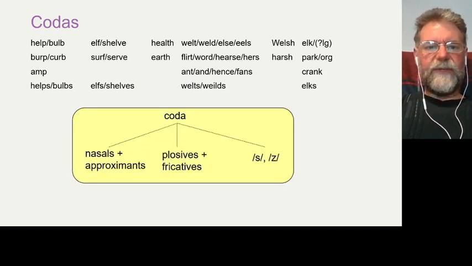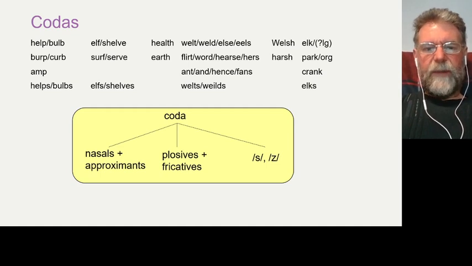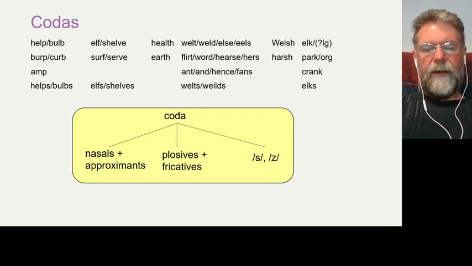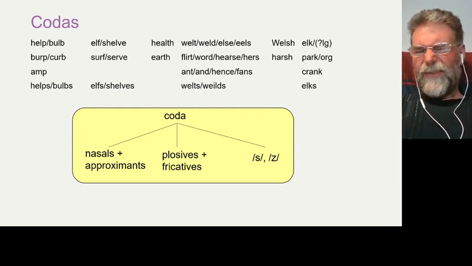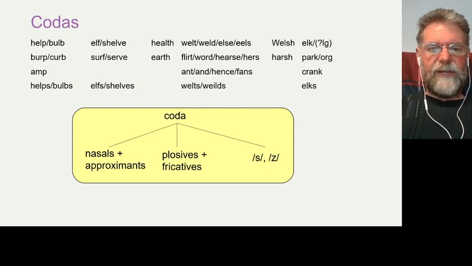Looking at this in general terms then, we've got three positions. This time s and z go into the last position. The plosives and the fricatives occupy that middle position, and the nasals and the approximants the first position. And if you think about it, that's more or less the mirror image of what's going on in the onset. With the onset, it was the nasals and approximants which came in the last position, and the s which came in the first position.